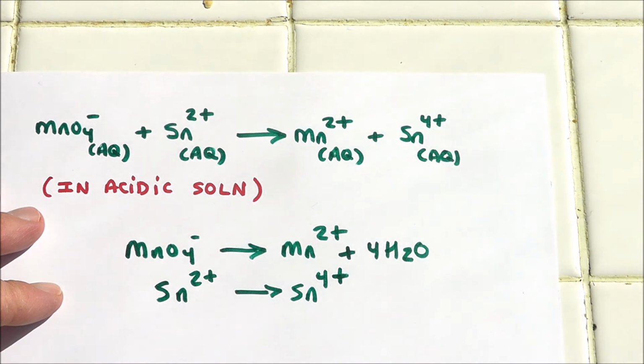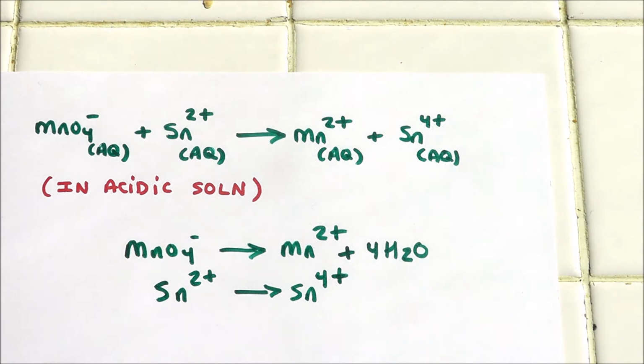And yes, that's going to jack up the hydrogen. We'll take care of hydrogen in the next step. Down here with the tin 2+ going to make tin 4+, there is no oxygen, so we can just skip that step.